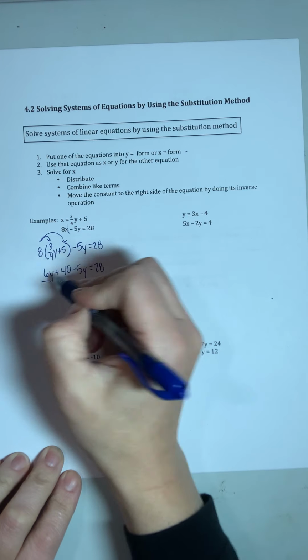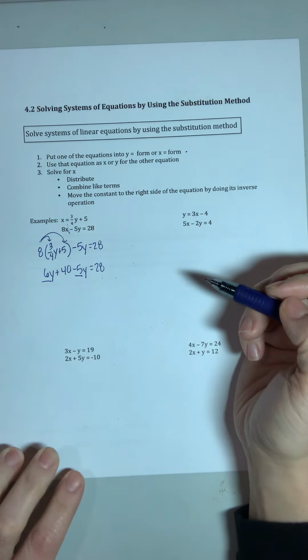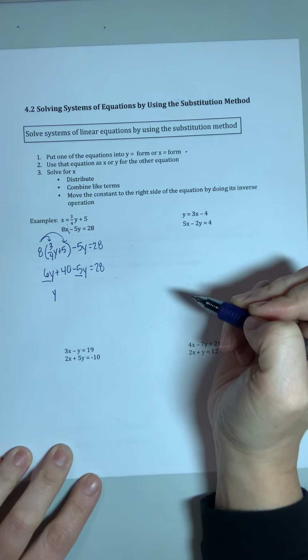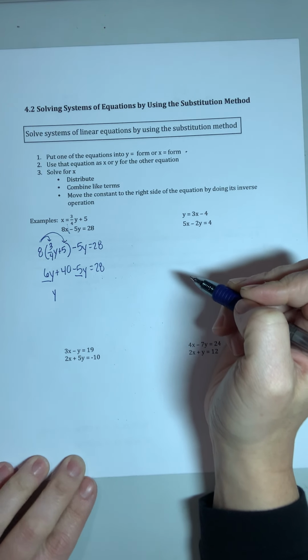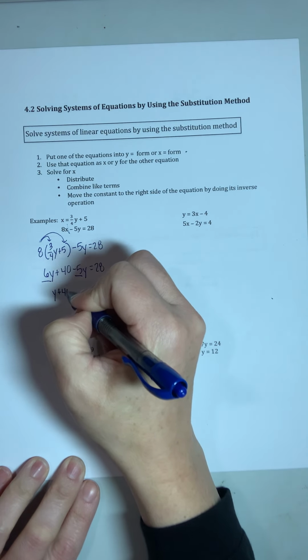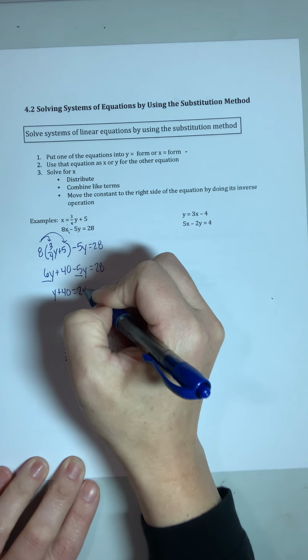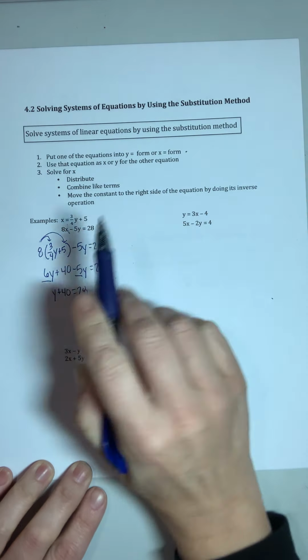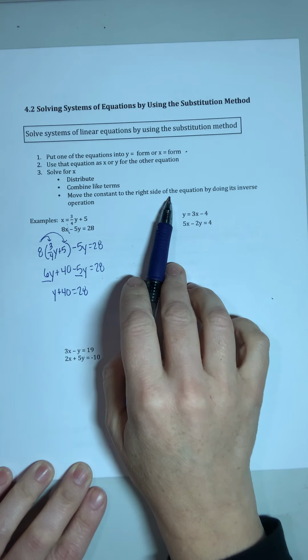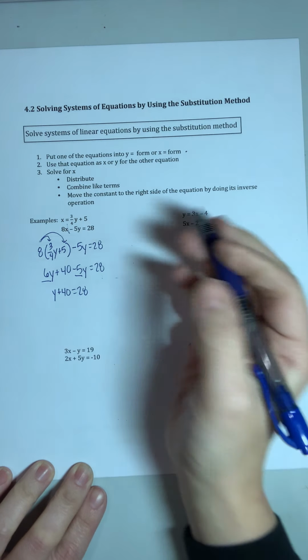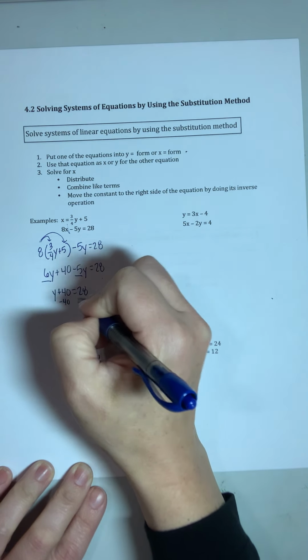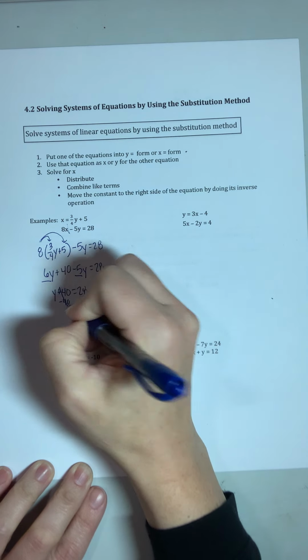Combine like terms. 6y minus 5y is y, 1y or y, plus 40 equals 28. Now I'm going to move the constant to the right side of the equation by doing its inverse operation. So subtract 40, subtract 40.